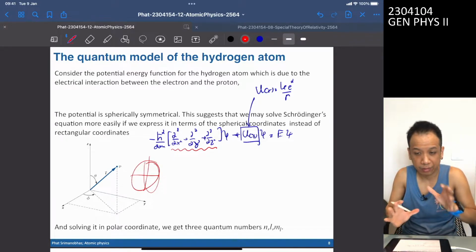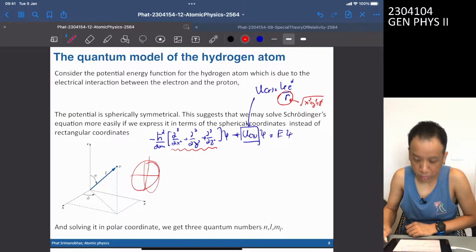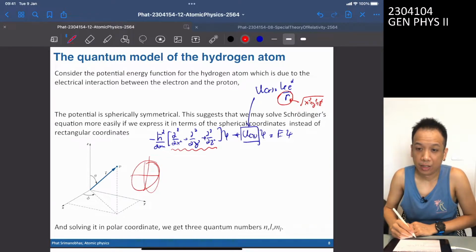The potential depends on the radius, which is the square root of x square plus y square plus z square, for example. So it's difficult to solve this in Cartesian coordinates, and we try to do it in a different way, in spherical coordinates.